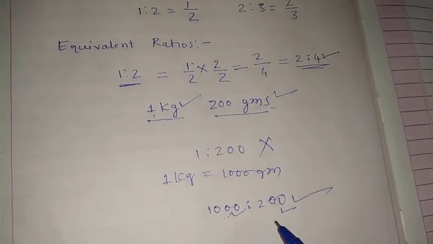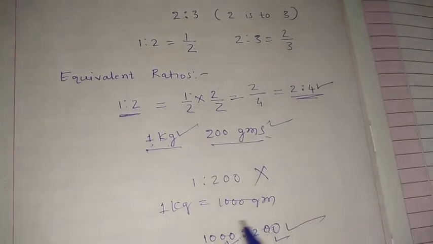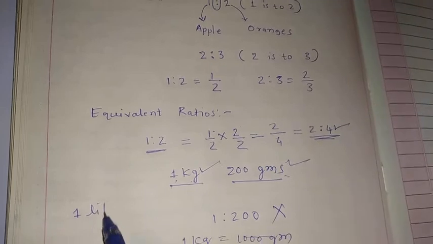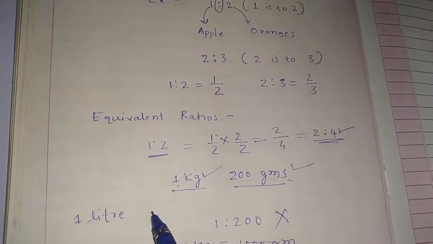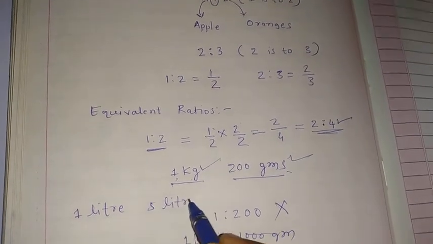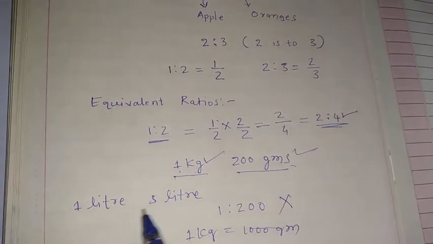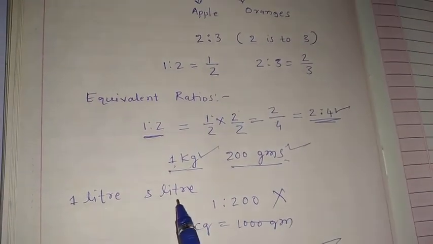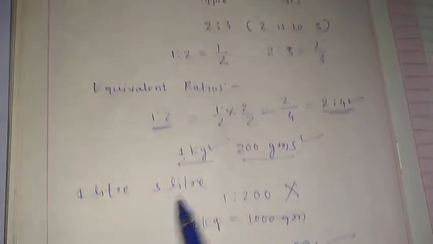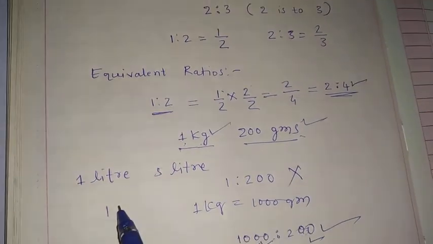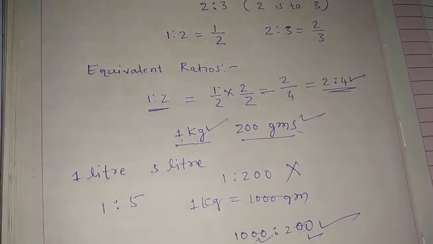Understood all of you? So here take another example. 1 liter and 5 liter. Here I took two quantities. How to write both in a ratio? 1:5.